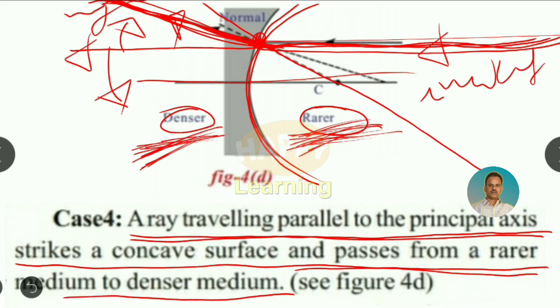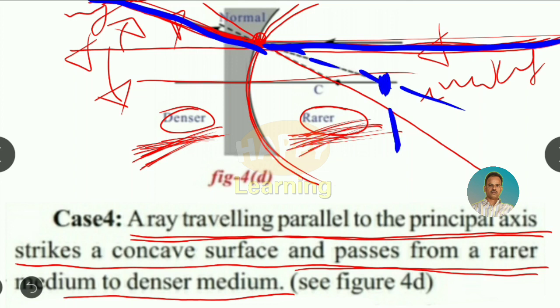And in the last diagram, this is the incident ray and this ray moves in this direction. If you extend this ray back, here it touches. So this point is the focus. Okay. So if the ray directly touches the principal axis, that point is the focus.